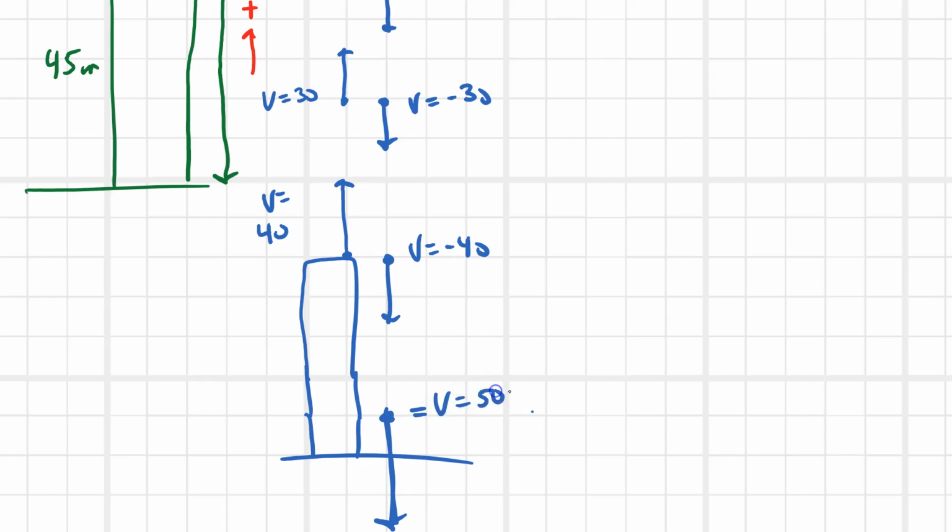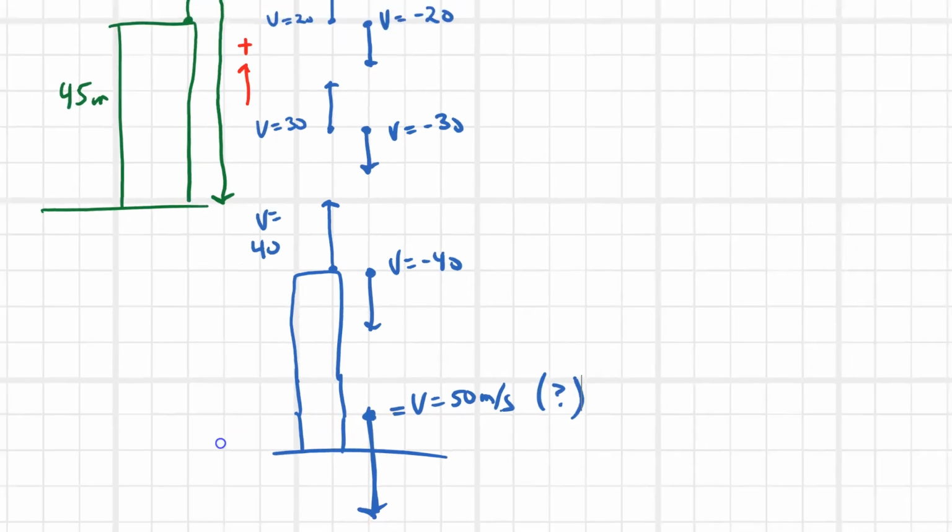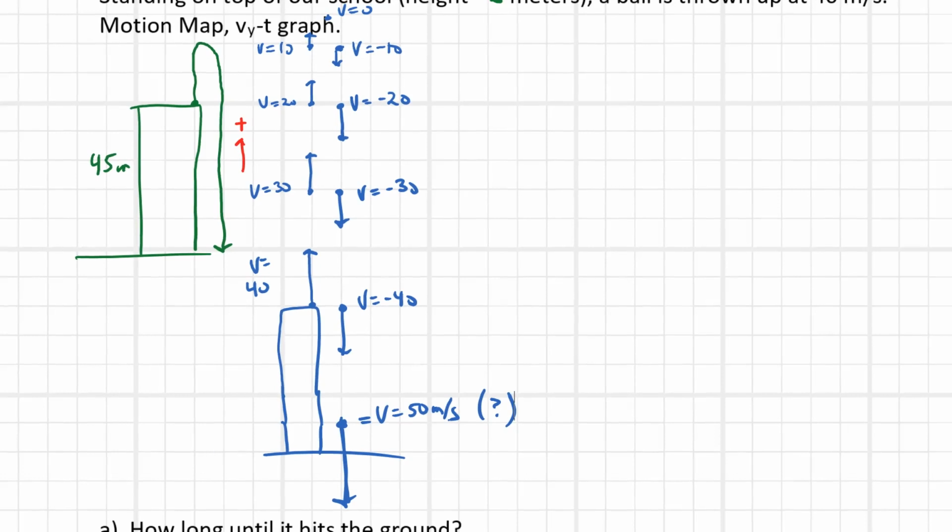So I'll just put a little question mark about whether or not that dot gets done. Here it's going 40 meters per second, and it's going down really quickly. Is it still in the air at 5 seconds? Does it hit the ground before that? We're not quite sure. We don't have all the information, so we'll put a question mark about whether that dot is above the ground, at the ground, or below the ground.